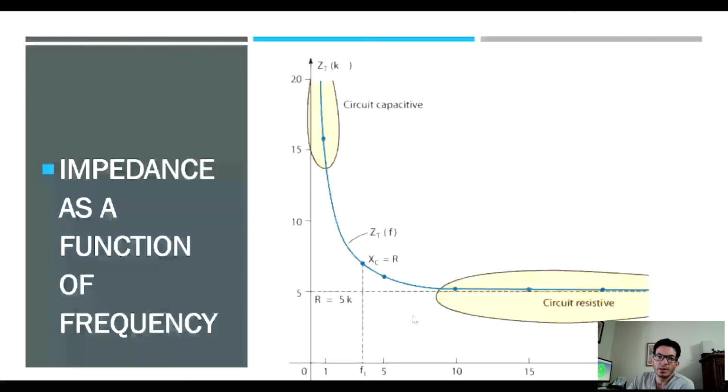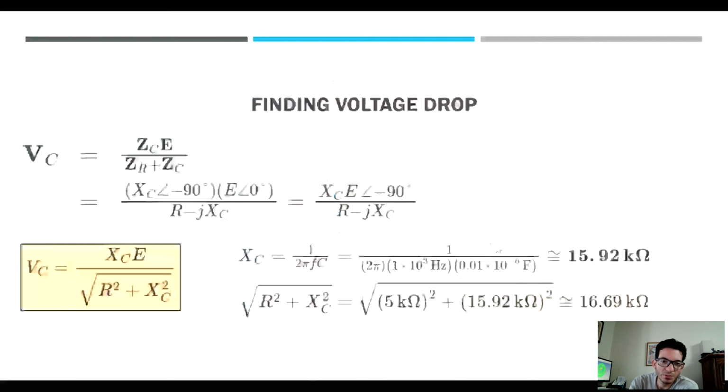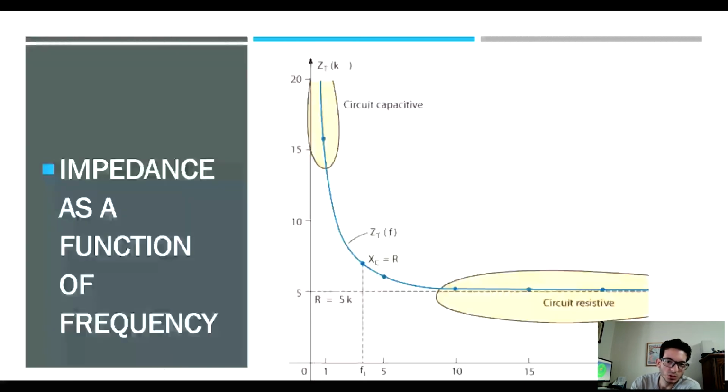Now, that's pretty much what we got here. We have the capacitive circuit at low frequencies before the resonant frequency, and then the resistive circuit after the resonant frequency. This graph also shows that it converges around the resistive value.